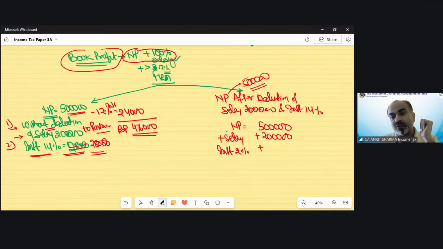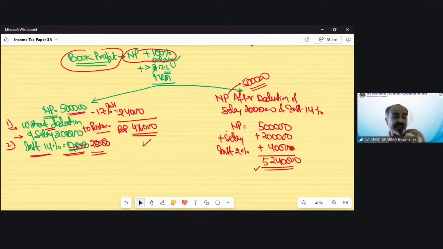So 2% would be 4,000. So in this case, my book profit would be 5,24,000. Even a single word will change the calculation of book profit if you skip that word in the examination. So this is a word you have to understand: after deduction or without deduction.